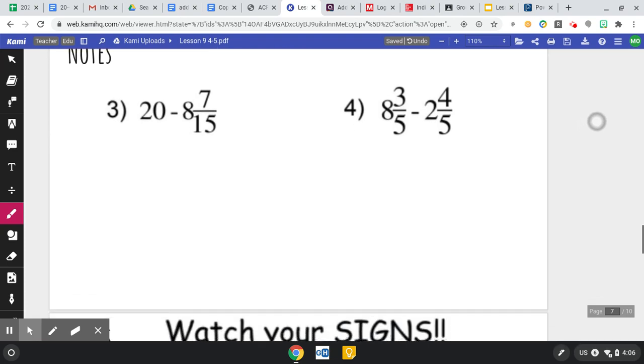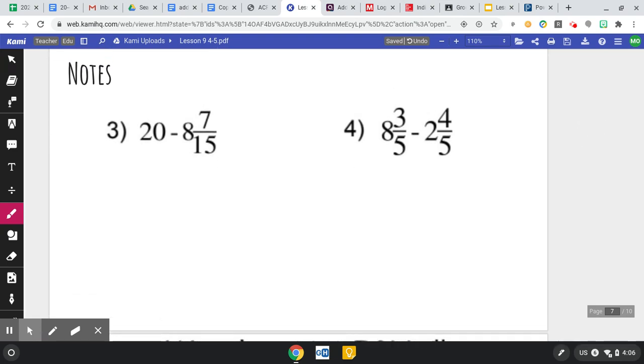All right, let's look at 3 and 4. These are both subtraction. If I have a whole number, that's not a mixed number, so I have to change it into a mixed number. First I'll look, hey, that has a 15. And 15 out of 15 is a 1, right? So I really change it to 19 and 15 over 15.